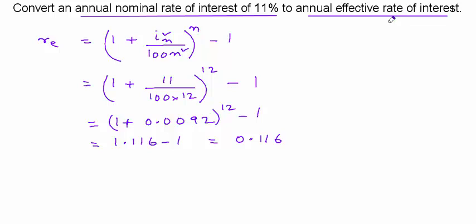Therefore, the effective rate of interest is, multiply this with 100 because this is a decimal and you want to express that as a percentage. Move the decimal point 2 places over to the right, 11.6%. So 11% annual nominal interest rate turns out to be effectively equal to 11.6% if the compounding is done at the end of every month.